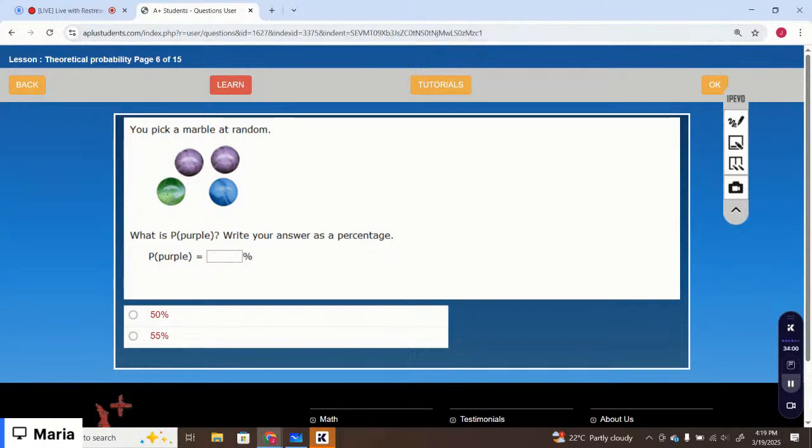You pick a marble at random. What is the probability of purple?